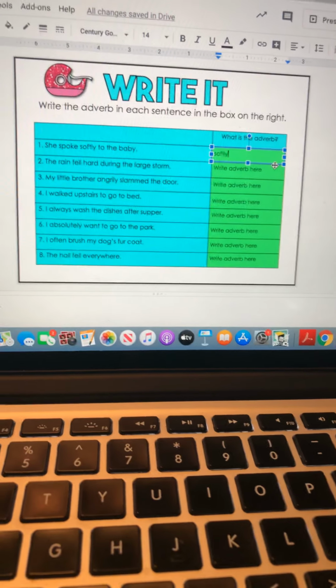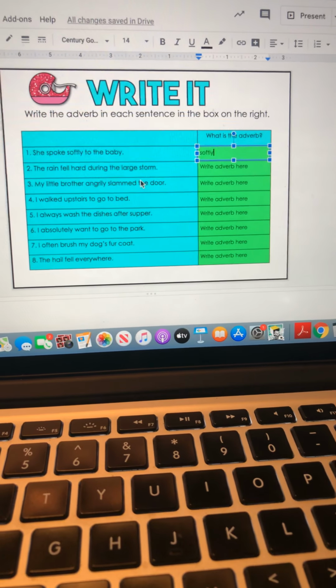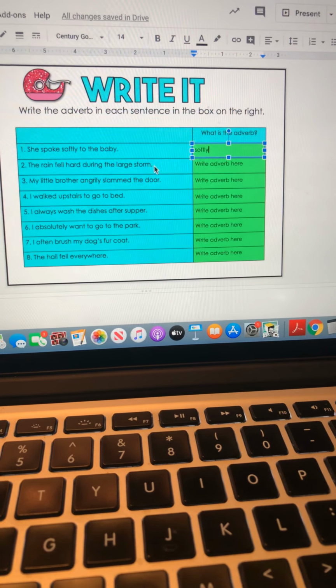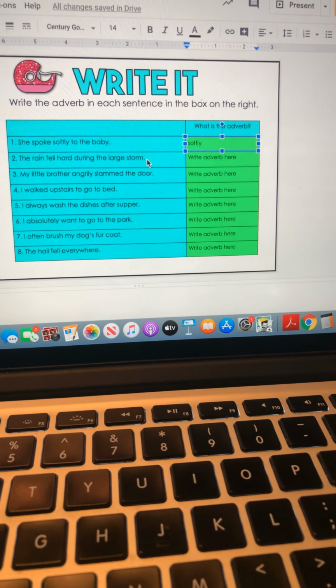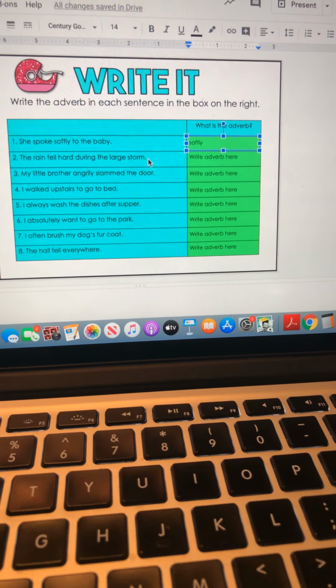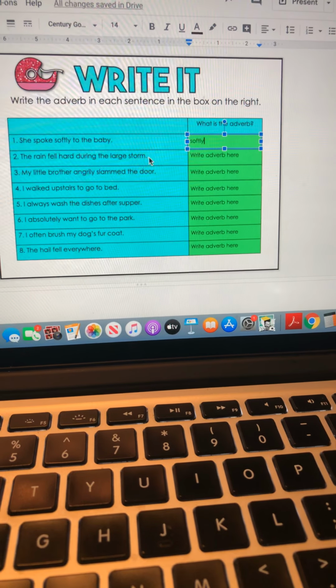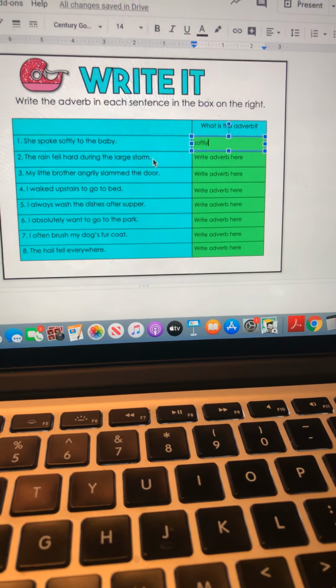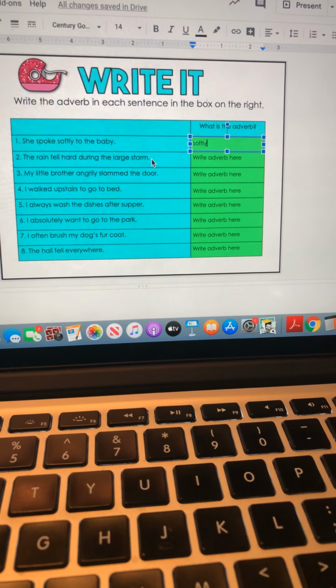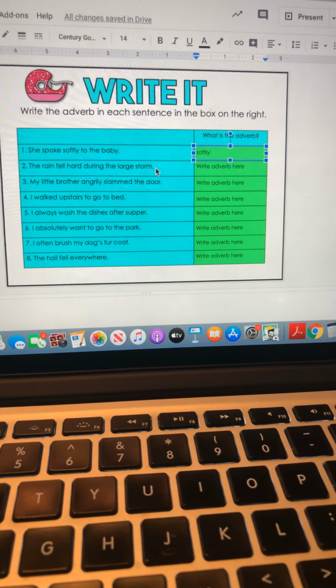And that's how you do it, okay? Next, number 2. The rain fell hard during the storm. Okay, so you have to determine what the adverb is, find the adverb, and write it in the green box.